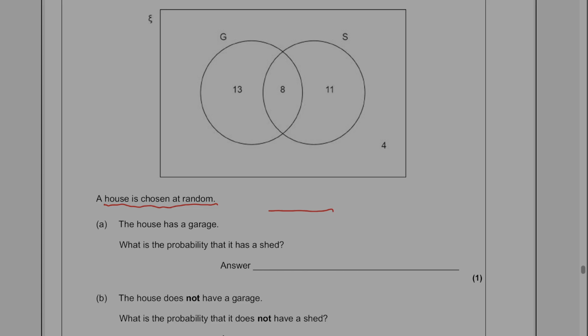The denominator should be 13 plus 8 plus 11 plus 4. And then, the house has a garage. What is the probability that it has a shed? If it's got a garage and a shed, that's going to be 8. So we're looking at 8 out of that number. If we add that, that's going to be 21, 32, 36. So that should be 8 out of 36.